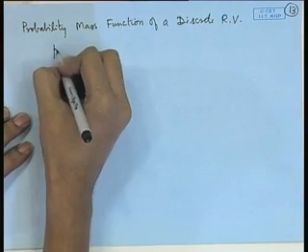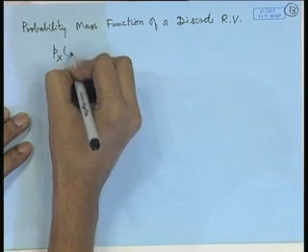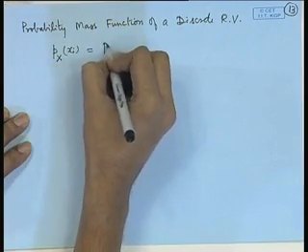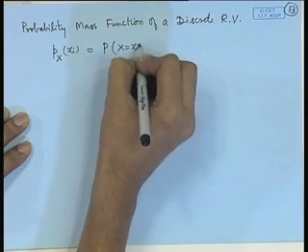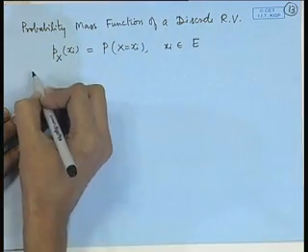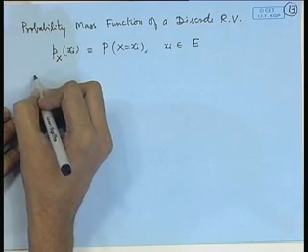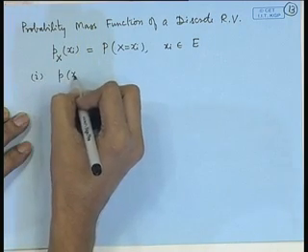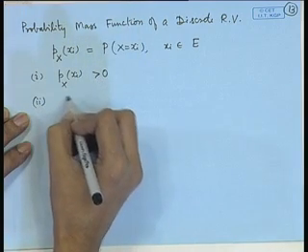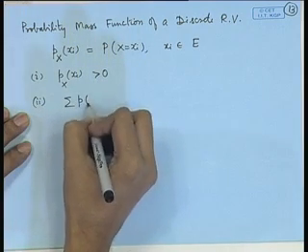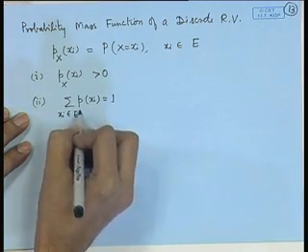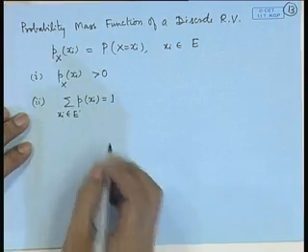It is defined by a mass function p_X(xi) and satisfies the properties. This is actually the probability of X equal to xi for xi belonging to the countable set E. So, we must have p(xi) strictly positive and the sum of p(xi) equal to 1 for xi belonging to E.